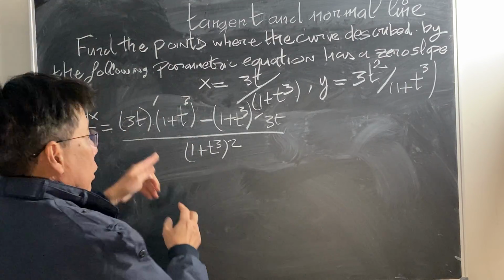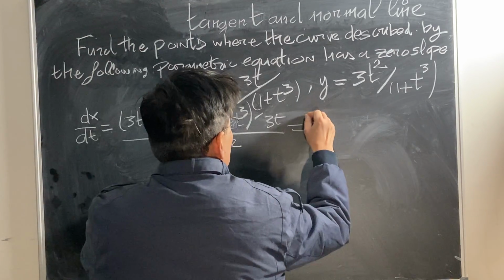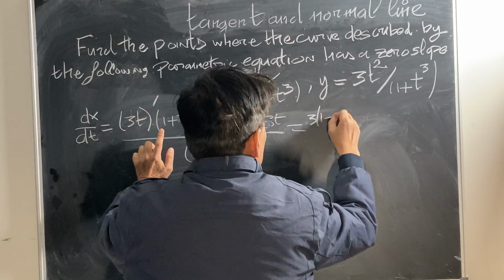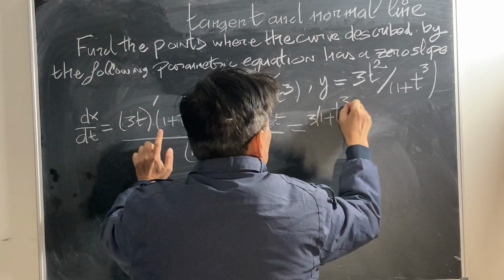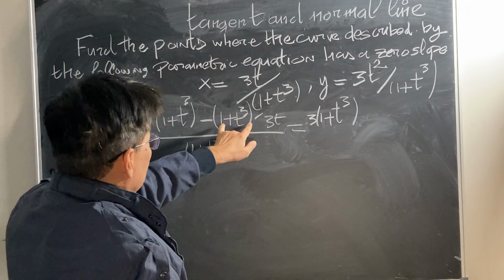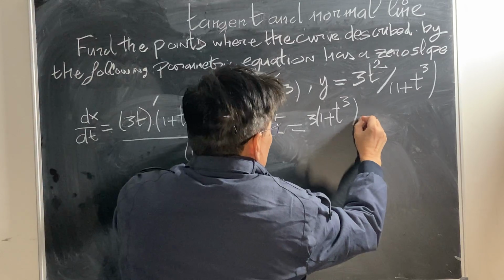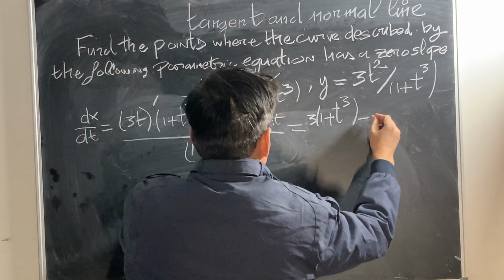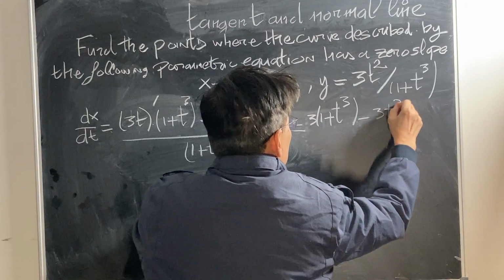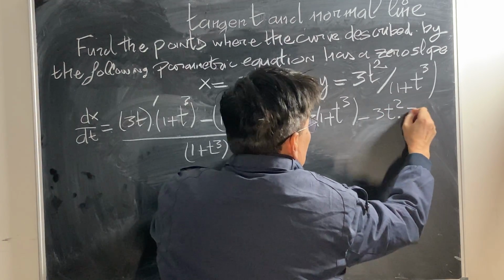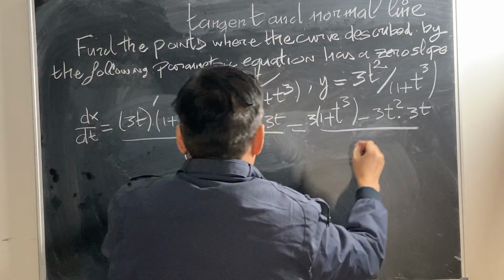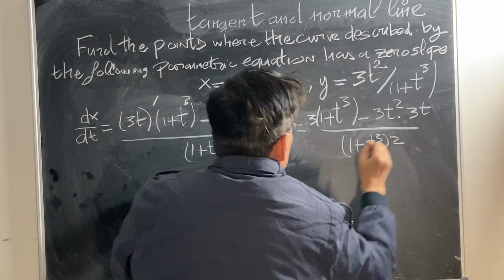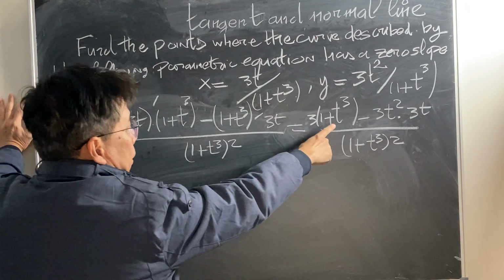So the derivative of 3t equals 3, times 1 plus t cubed, and minus, the derivative of 1 plus t cubed equals 3t squared, times 3t, divided by 1 plus t cubed squared.